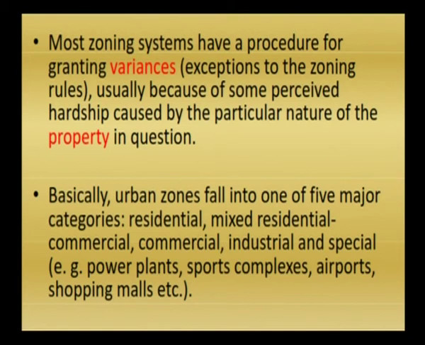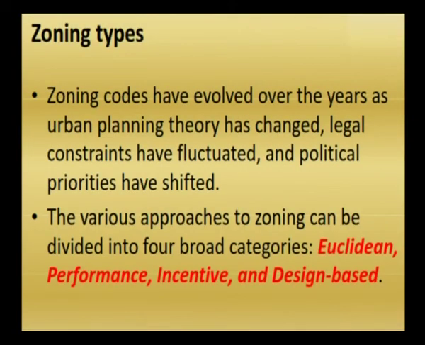Special encompasses power plants, sports complexes, airports, shopping malls, etc. Now, if you look at the zoning types, zoning codes have evolved over the years as urban planning theory has changed, legal constraints have fluctuated and political priorities have shifted. The various approaches to zoning can be divided into 4 broad categories. You have Euclidean, performance based, incentive and finally design based.